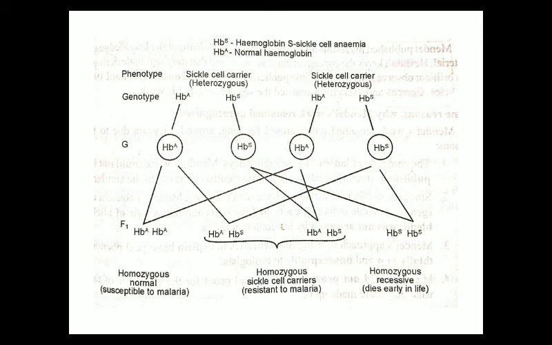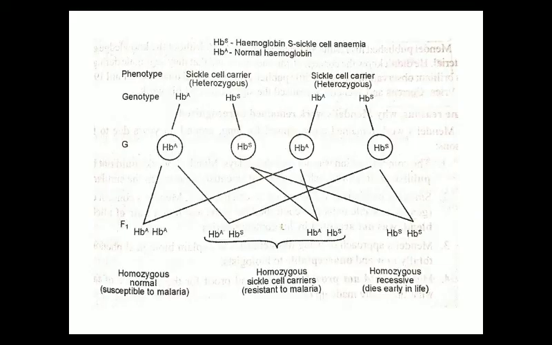And when the shape of RBC changes, sufficient oxygen is not delivered to the cells and tissues, and ultimately it leads to anemia. So many phenotypic characters are regulated by that single gene, that is HBS. That's why it is an example of pleiotropy.